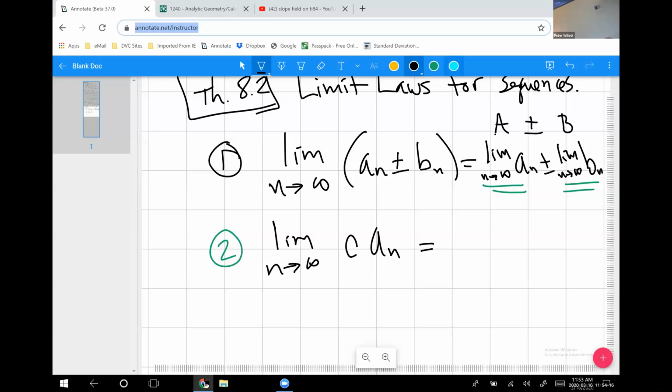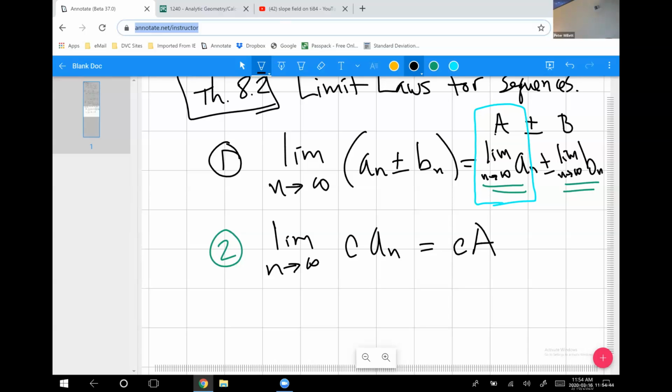And again, assuming that the limit as n goes to infinity of a sub n is a, then the limit as n tends to infinity of c times a sub n would be c times a. Basically, this means if you're trying to take the limit of a sequence and there's a constant multiple in there, you can pull it out of the limit when trying to evaluate the sequence, just like you did with limits.